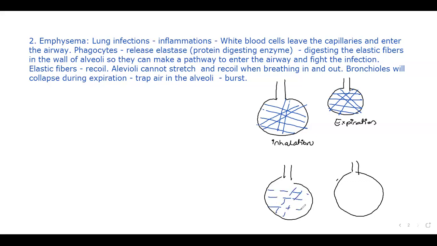Your alveoli is not going to have any elastic recoil, meaning that it's going to expand when the air comes in, but it's not going to be able to return back to its own shape after the air has moved out. So what's going to happen is that the pressure changes will lead to this bronchiole collapsing.